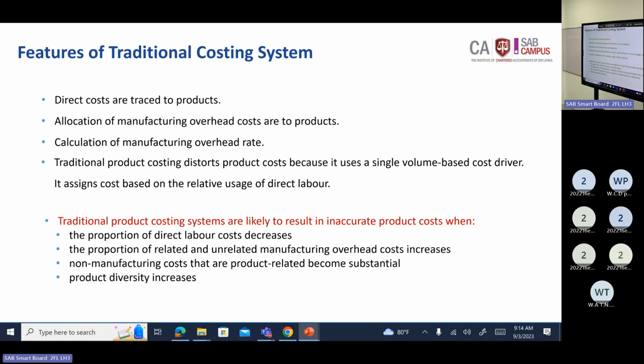Traditional product costing distorts the product cost because it uses a single volume-based cost driver. So it assigns cost based on relative use of direct labor, direct material, right? Something like one basis. That is the main weakness, the main criticism.